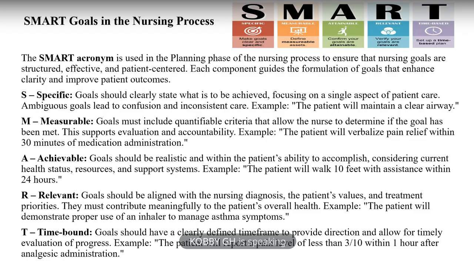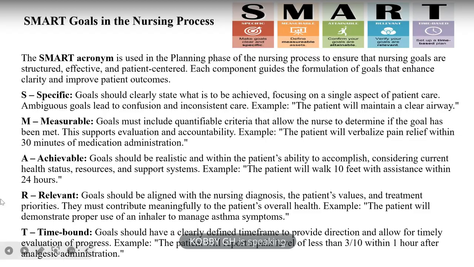Now you realize that we have a time frame, so I will evaluate after the time frame, after the 1 hour. If you are setting an objective and you don't specify a time frame, how will you know when you are going to evaluate the care you are giving? So you have to always state a time frame. It should be time bound.